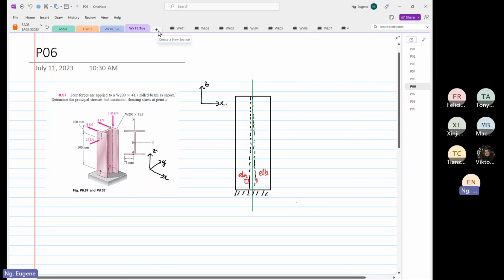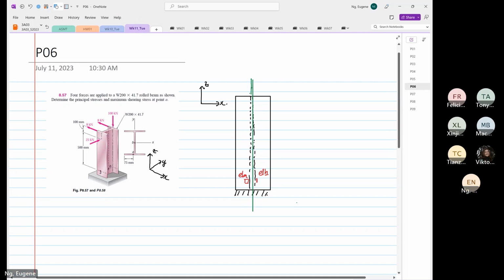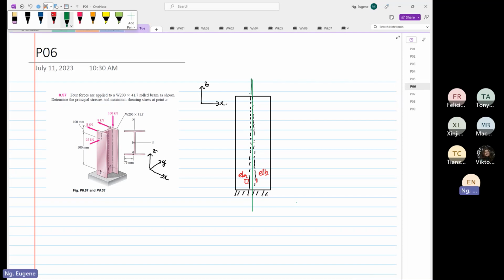Okay. So we know that we have a 100 kilonewton coming in. We have an 8 and 8 kilonewton coming here. And somewhere over here, we have our 25 kilonewton.